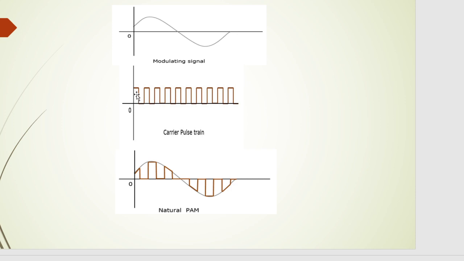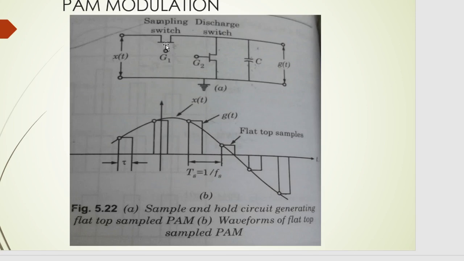So when the carrier pulse is on, we are applying the pulse train to the gate, so the first transistor will be turned on, whereas the second transistor will be turned off. I hope that is clear. So when we apply the first pulse, the first transistor will be on, whereas the second will be off.